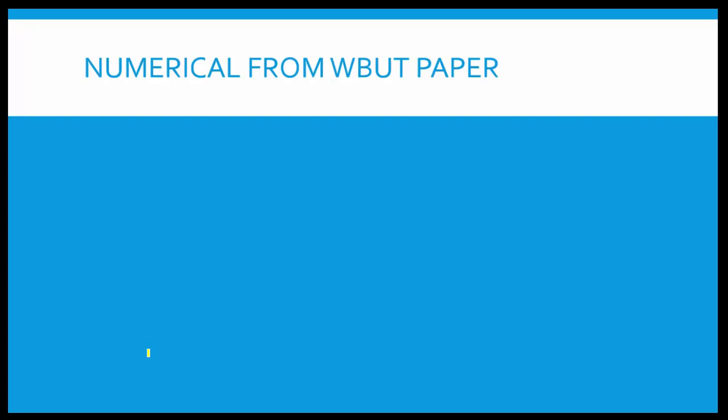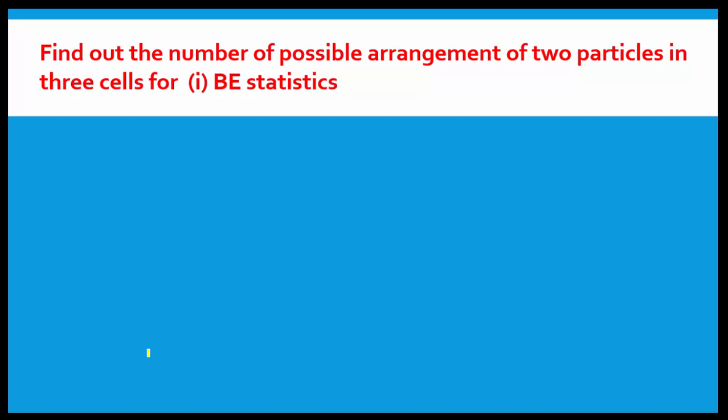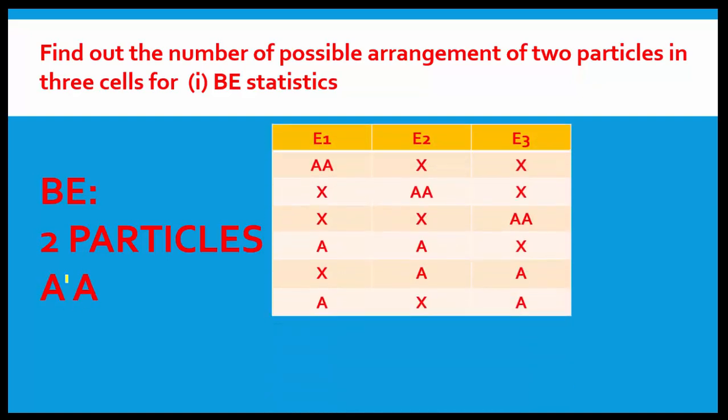The same number of particles and same number of cells, but the statistics here now is Bose-Einstein statistics. Now in Bose-Einstein statistics, in the given problem, you have two particles. Because Bose-Einstein statistics is for indistinguishable particles, we name them AA.